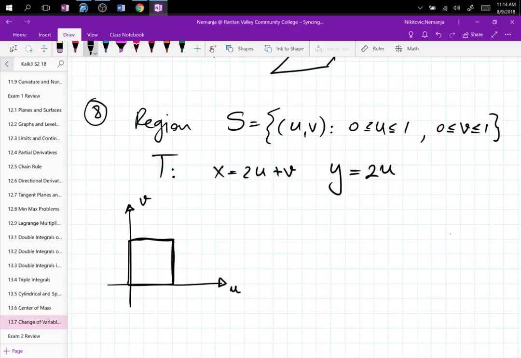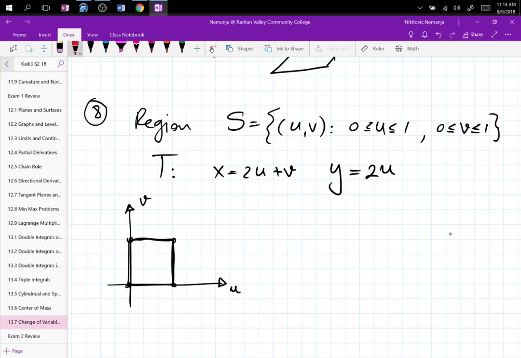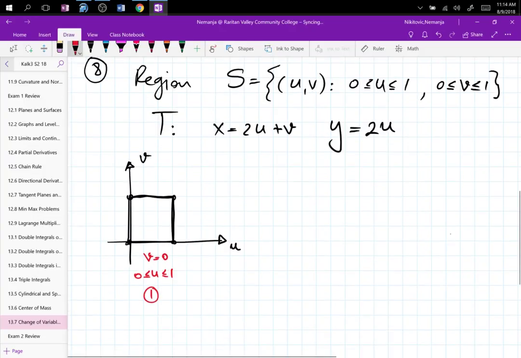So now, in the uv region, we have 4 line segments which we need to describe. We start with line number 1. The equation is v equals 0 because it's on the u axis, and u is stuck between 0 and 1, and that will be our first line to transform.